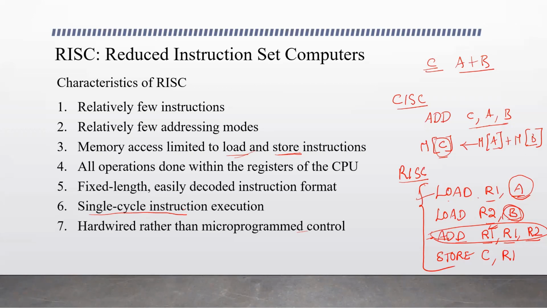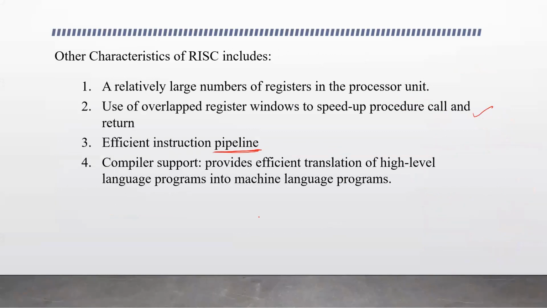It overlaps the fetch, decode, and execute phases of 2-3 instructions, meaning doing these operations in parallel, so that it can be finished faster. This procedure is called pipelining. Pipelining is a procedure used by RISC computers to overlap the fetch, decode, and execute phases of instructions.